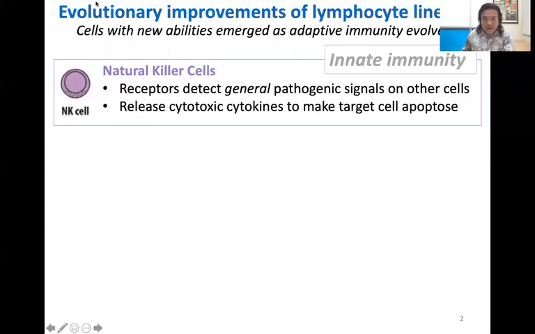All right, let's begin by just kind of thinking about comparing natural killer cells with B cells and T cells. We've done this kind of on and off as we've learned about these closely related lymphocytes.